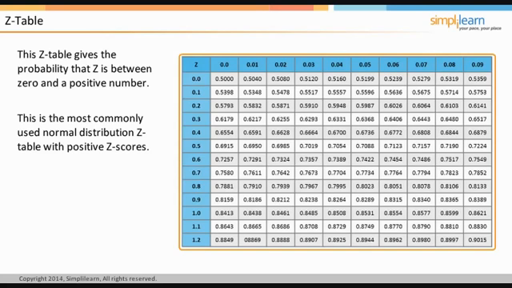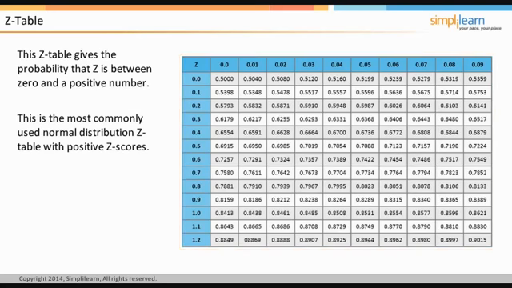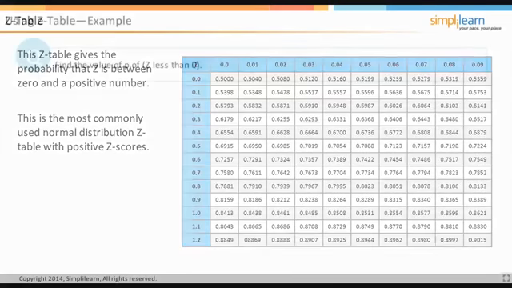The values in the main table are the probabilities that z is between 0 and plus a. Note that the values running down the table are to 1 decimal place. The numbers along the column change only for the second decimal place. Let us look at some examples on how to use a z-table in the following screen.